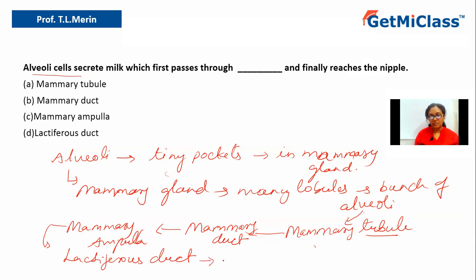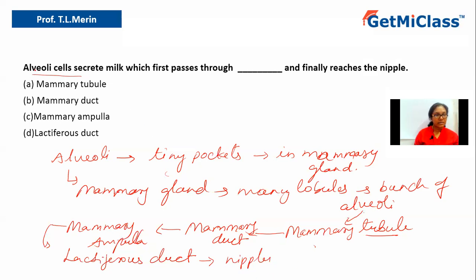After the lactiferous duct, it just comes out of the nipple. The milk gets secreted like this. So you can see first it enters into the mammary tubule, then mammary duct, then mammary ampulla, lactiferous duct, and nipples. It comes out through nipples.